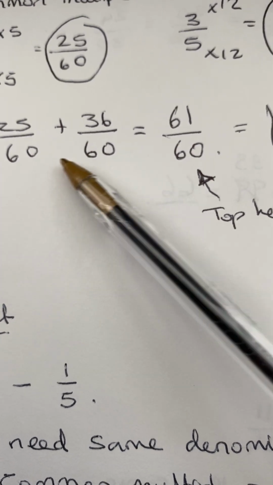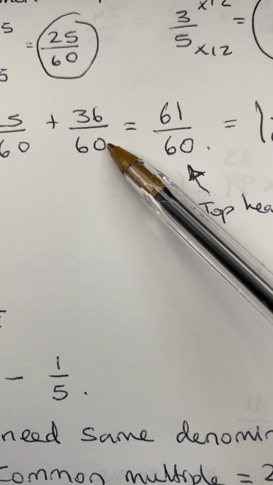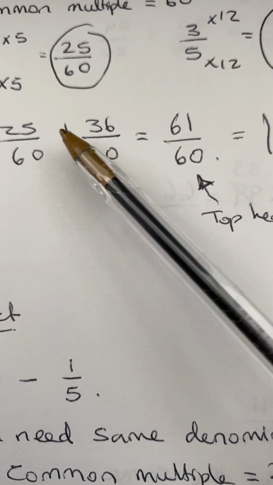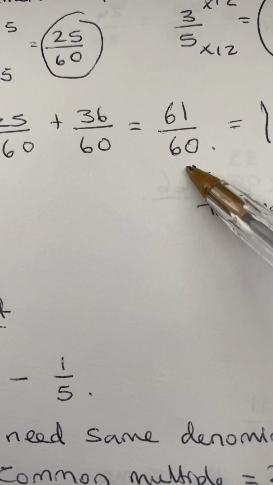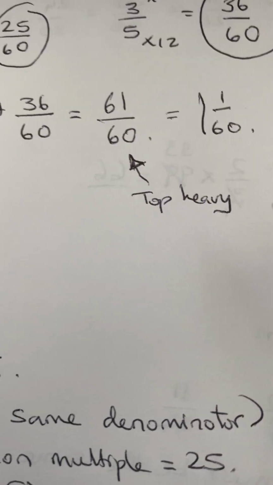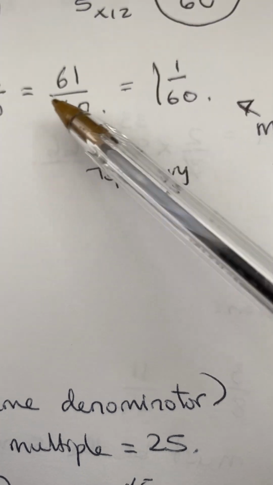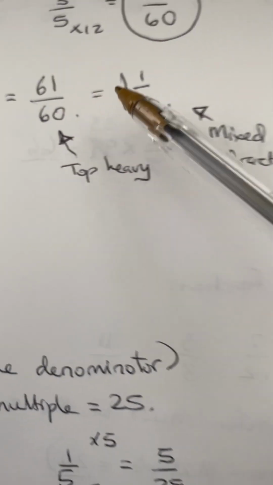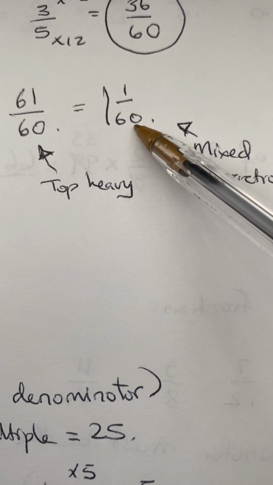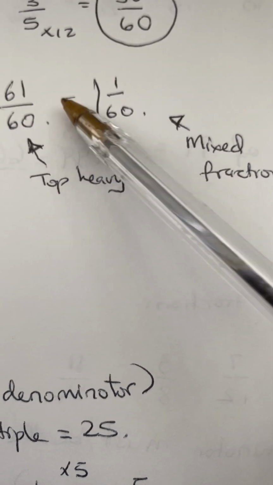We just repeat the one denominator and add the numerators. So here we have 61 over 60. If they don't say anything, we can leave our fraction as a top-heavy fraction or an improper fraction, or we can leave it as a mixed fraction. So how many 60s do we have in 61?